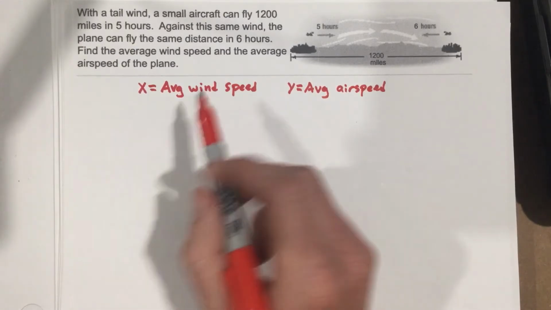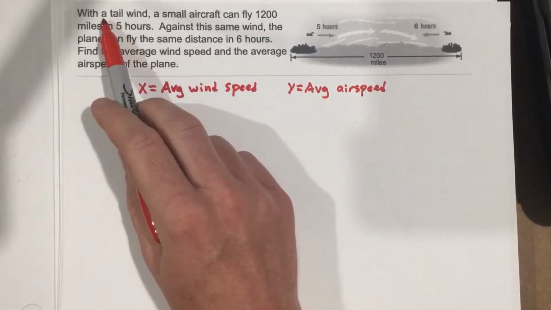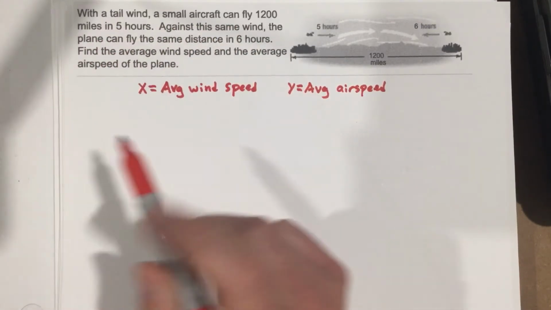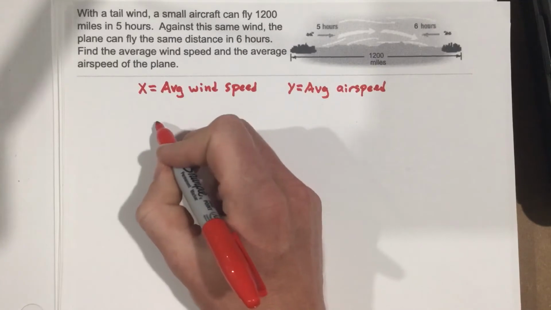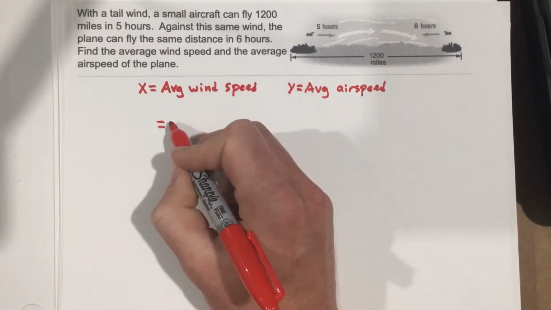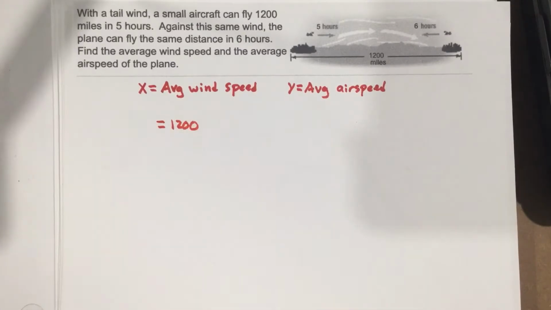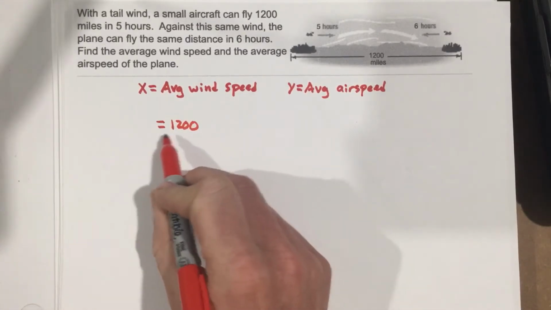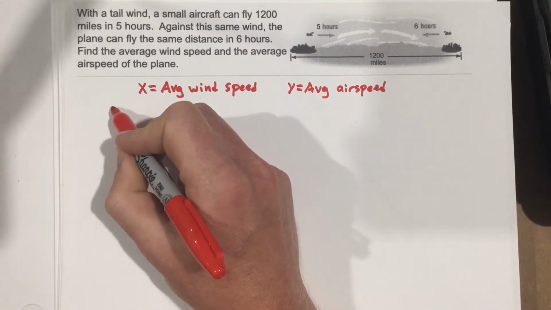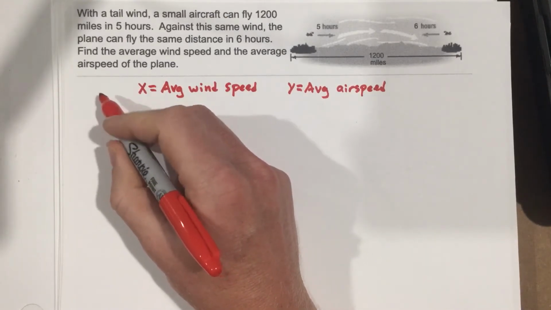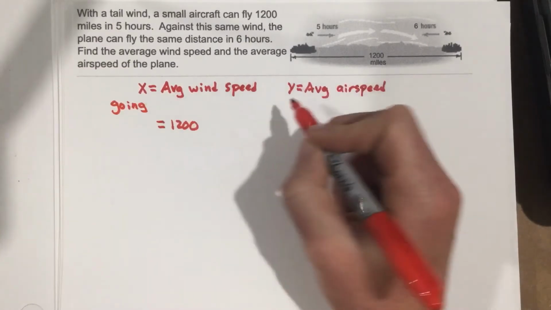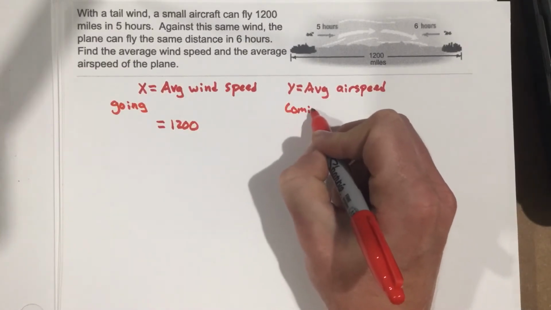So it says, with a tailwind, a small aircraft can fly 1,200 miles in 5 hours. So we're going to set up an equation where we know that we flew 1,200 miles. One equation we know is going to equal 1,200, and we're going to call this going, and then this is the coming back equation.